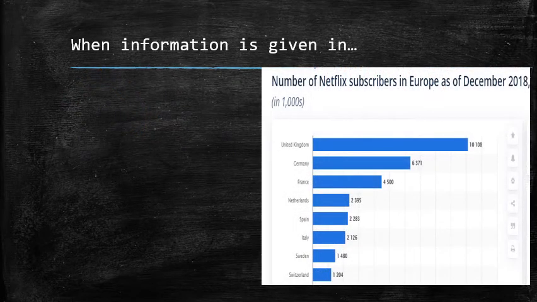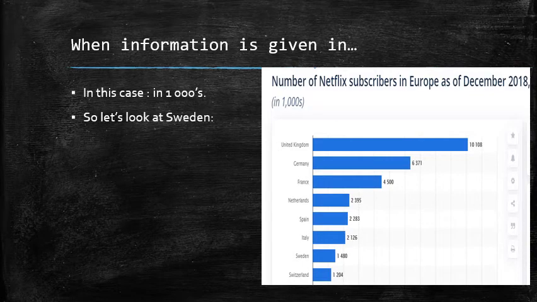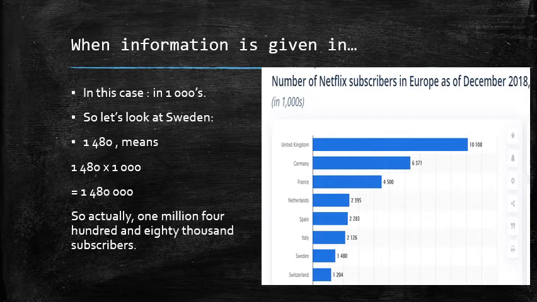If we look at something like this, when the information is given, in this case, in thousands. So if we have a look at Sweden, which we can find over here, it's 1,480, but that actually means 1,480 times 1,000, which gives us 1,480,000 subscribers.